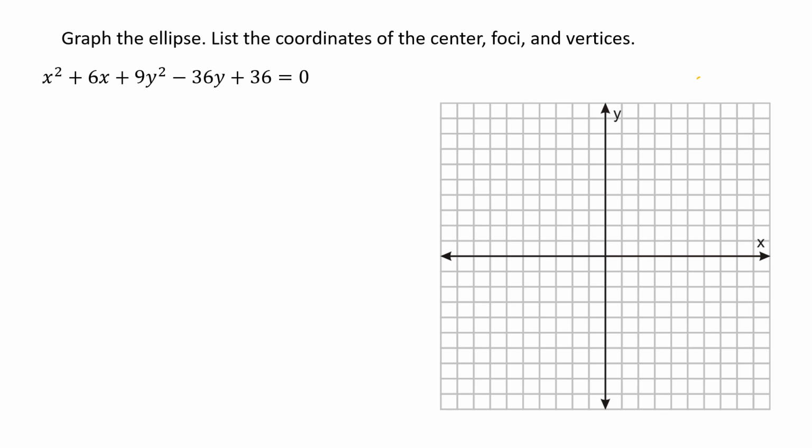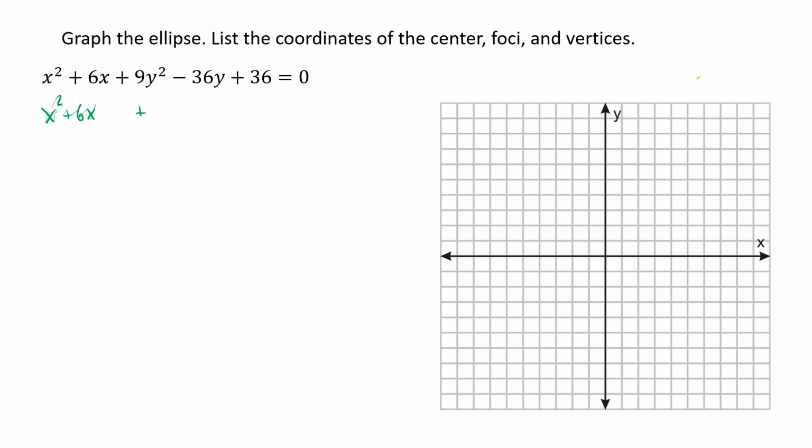So the first step is we're going to need to change this equation into the form that we're more comfortable with pulling the information off of, and to do so we have to complete the square. For this problem we have to complete the square twice because we're going to have two perfect square trinomials. So here's what we do. We're going to look at the x terms and say x squared plus 6x, and then leave a little space.